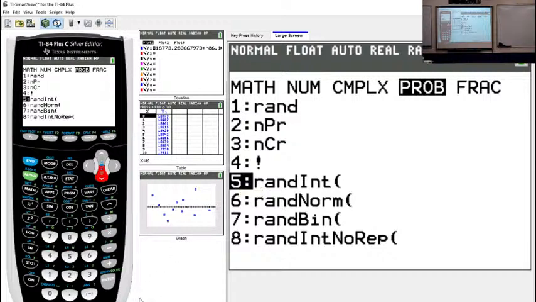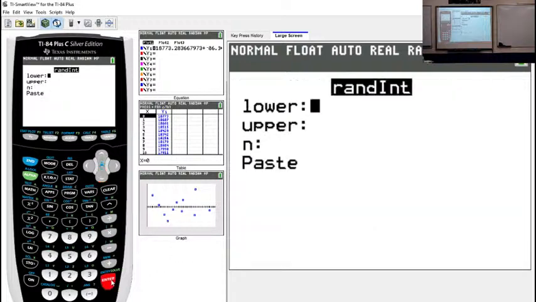So I want a random integer, and it's going to say lower, upper, n. So what's the range of values you want to go? How many of them do you want? So my lower is 1, my first word. And then my upper is how many words there are, 268. So I want random numbers ranging from 1 to 268.